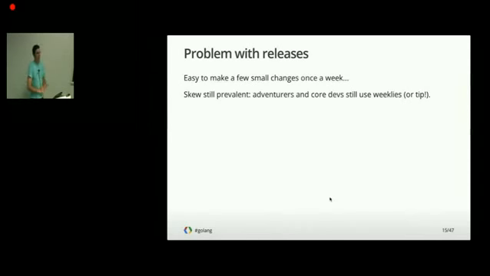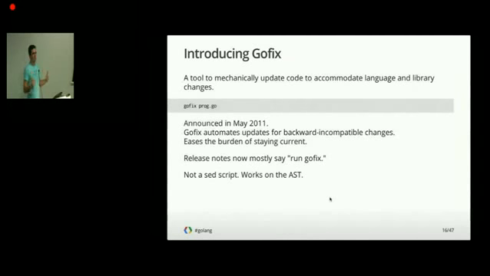And so we ended up with a different kind of skew problem, which is you had the core developers and adventurous people using weeklies or tip, and the general users using releases. We wanted to make it easier for everybody to stay on the same page, for everybody to be using releases.